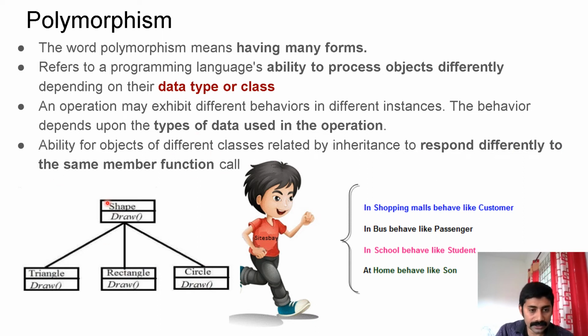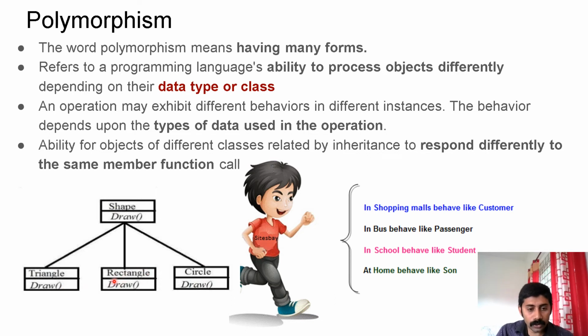Let us consider this example. We have a base class shape with a draw method, and you have three derived classes: triangle, rectangle, and circle. In all the derived classes, you have a draw method. When you invoke the draw method with the object of a triangle, it will draw a triangle.